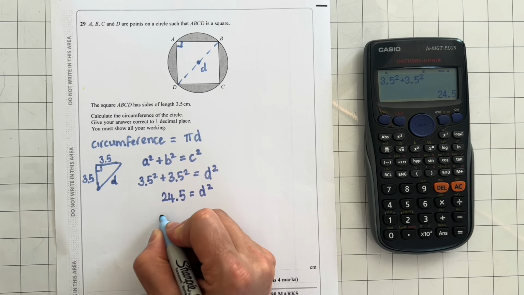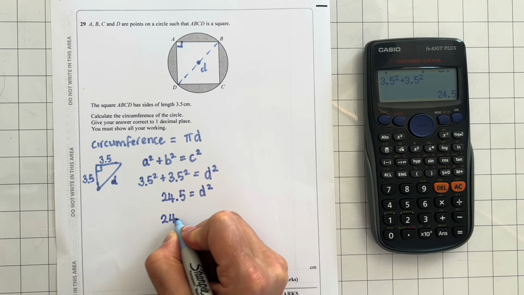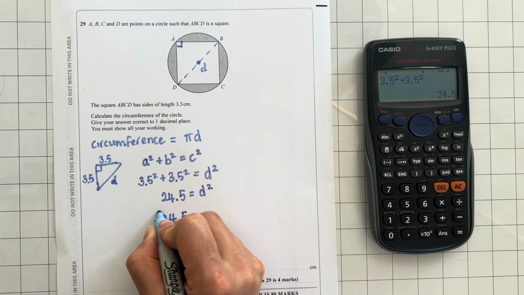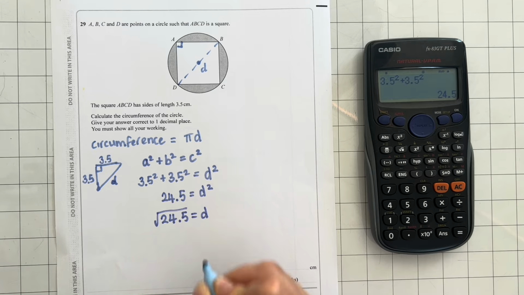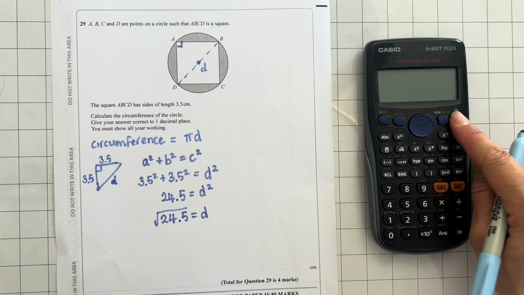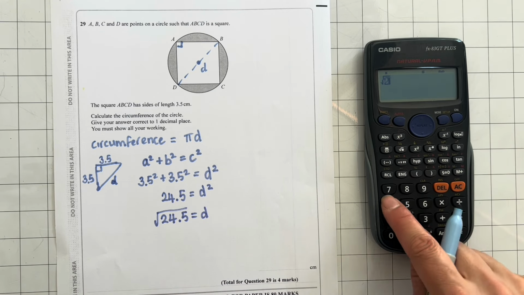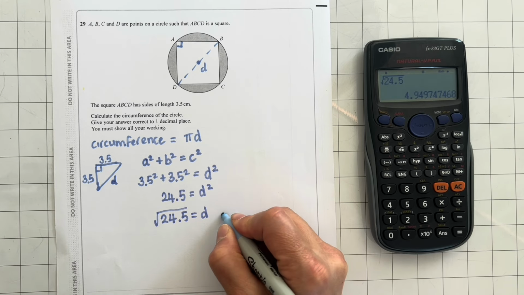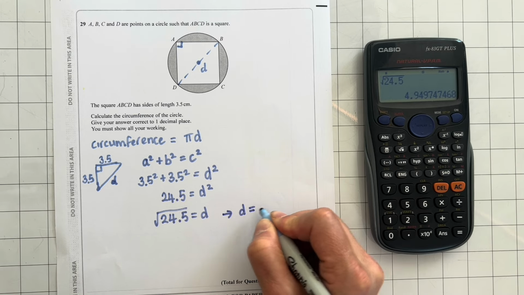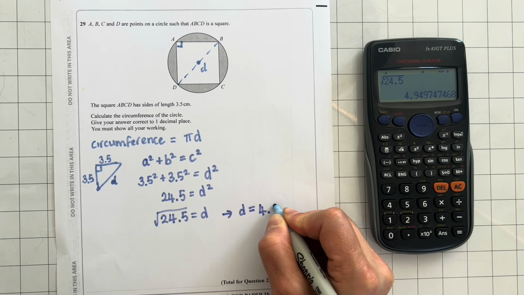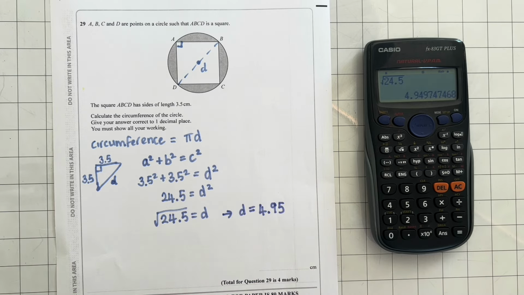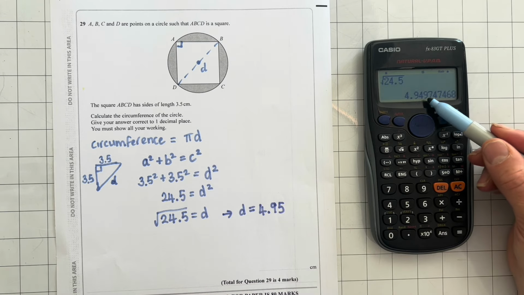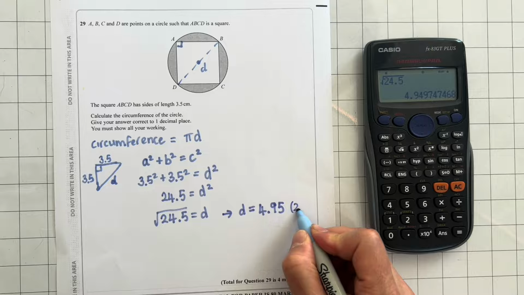So to find D, we need to do the square root of 24.5, and that tells us that our D is equal to 4.95, and we have rounded here to 2 decimal places.